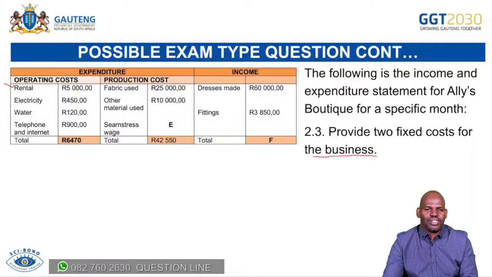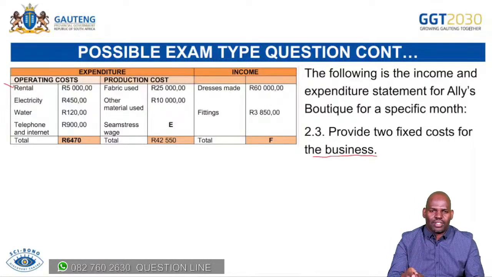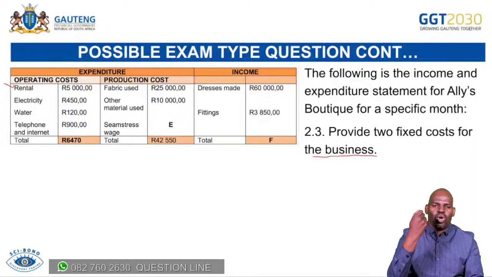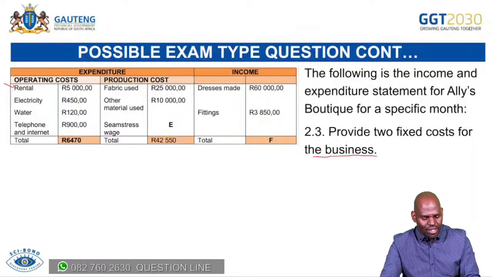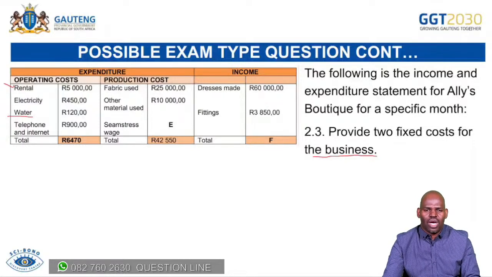And then for electricity, usually if you pay for your own electricity, you don't expect to use the same amount of electricity every month. So electricity cannot be a fixed cost. It's going to be a variable cost. And then water, the same way, we are not using the same amount of water every month, so water will be a variable cost as well.